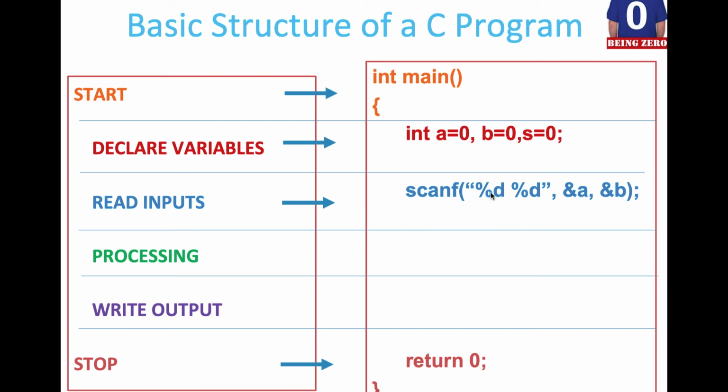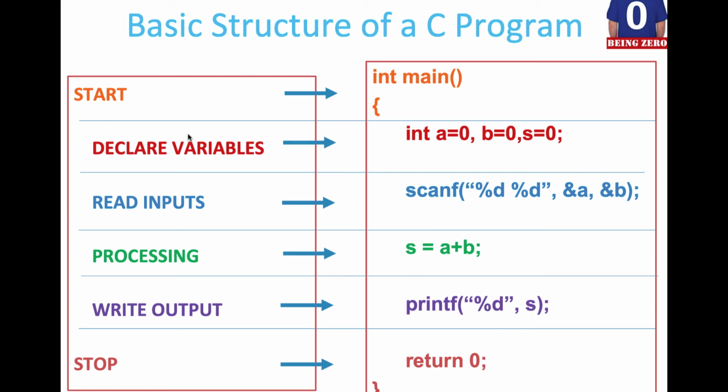So the first number will be read in a, and the second number will be read in b. That is the reading inputs part. Third is the processing part. We will add a and b and put the sum in s. And fourth, once we have done this, is the printf statement. So we do printf %d and s.